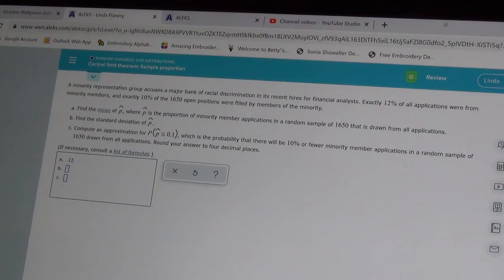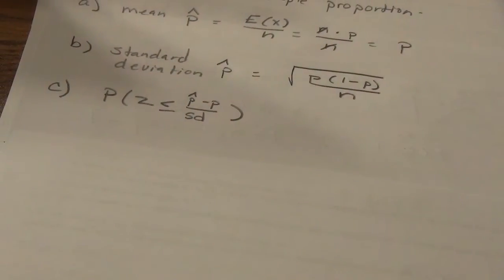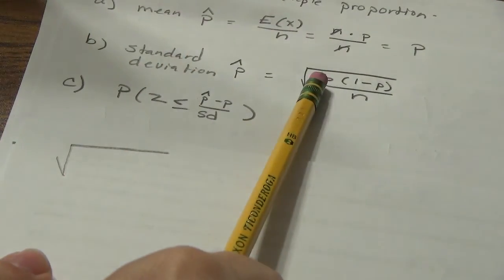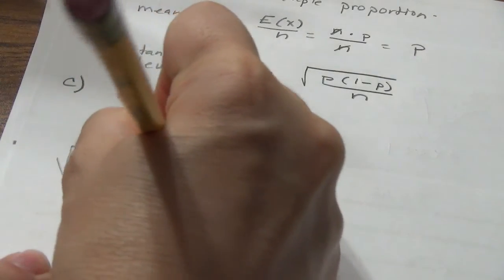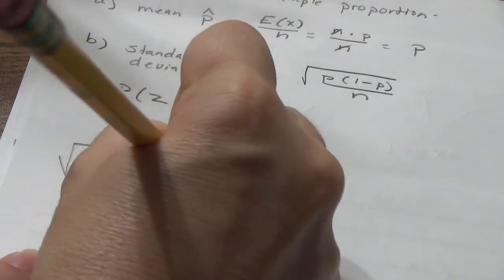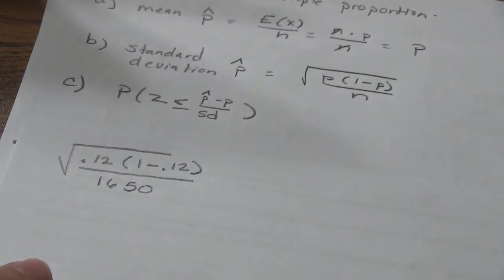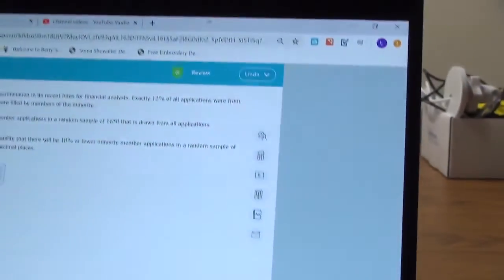So if I'm going to find the standard deviation of p hat, again, I'm going to go over to my scratch paper here. There's my formula. I am going to do the square root of P, which was 0.12, times 1 minus P, so 1 minus 0.12, over n, which was my 1,650. So that's going to be the calculation I'm going to do. I'm going to go back over here and bring up the Alex calculator.